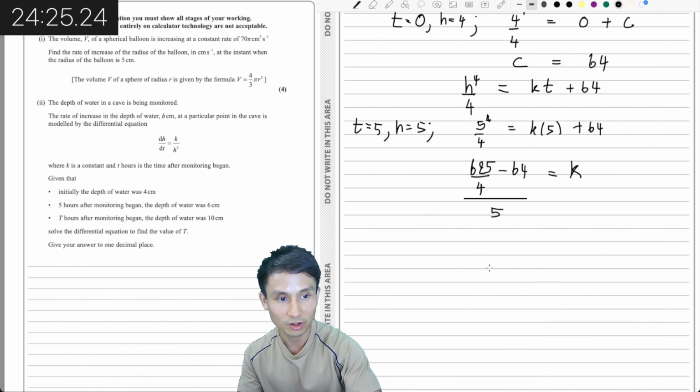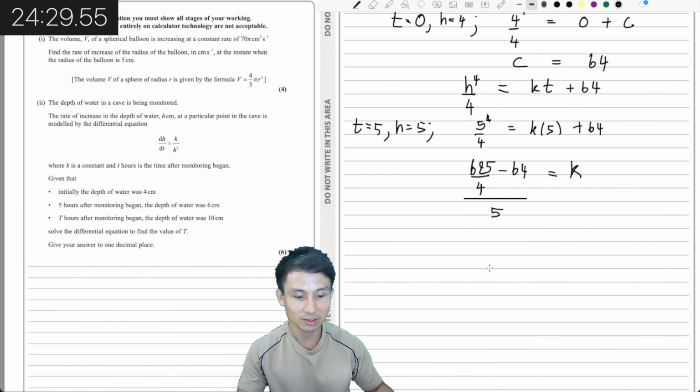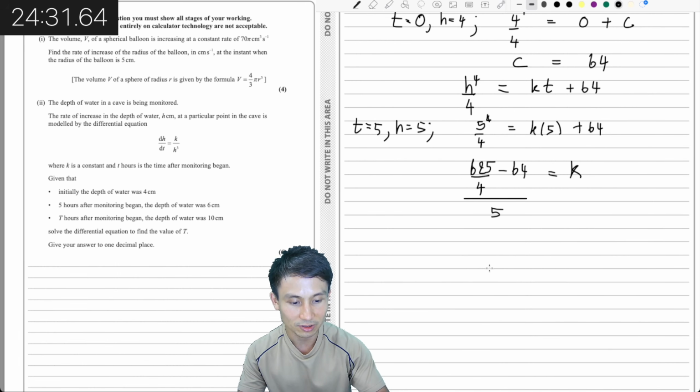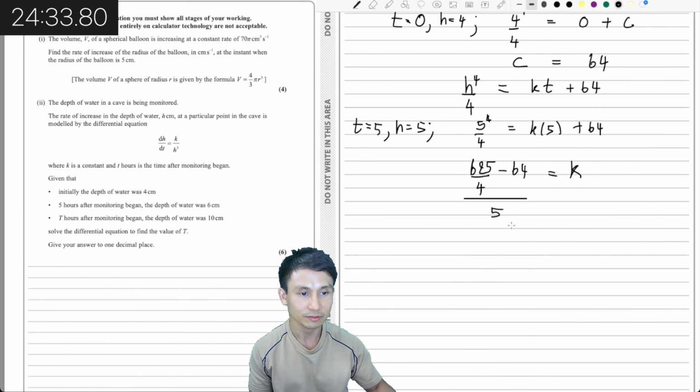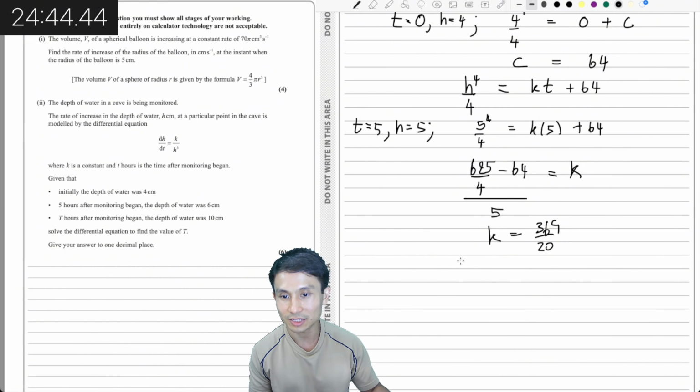Minus 64 here, divided by 5 again. Okay, I'm going to make that a fraction, this kind of fraction. Okay, exact fraction. And then t hours after monitoring began, the depth of water was 10. We want to find t.